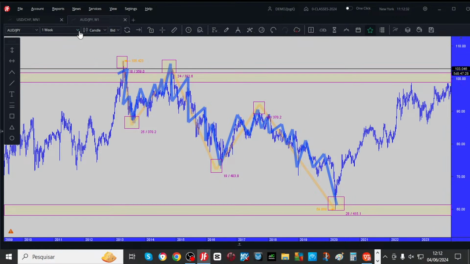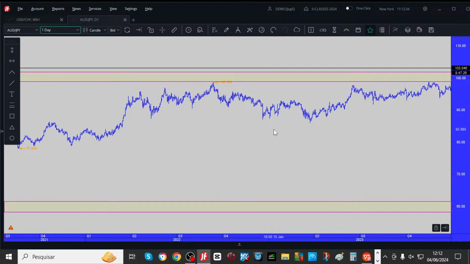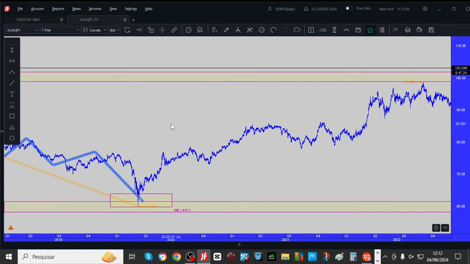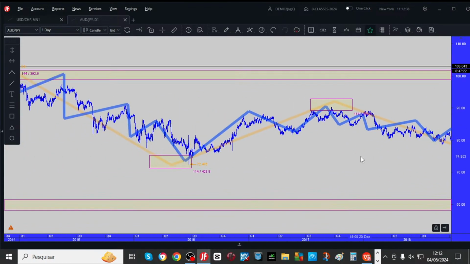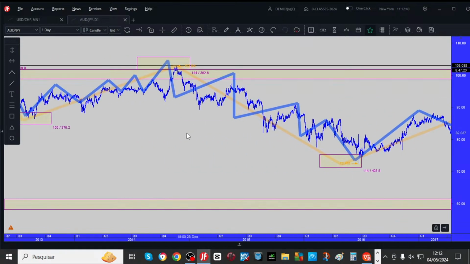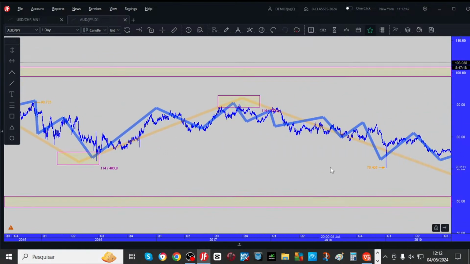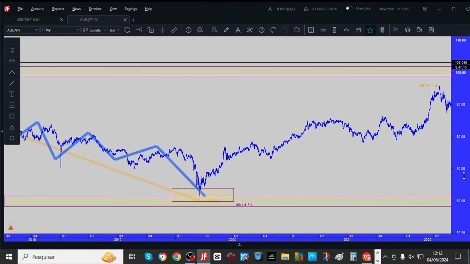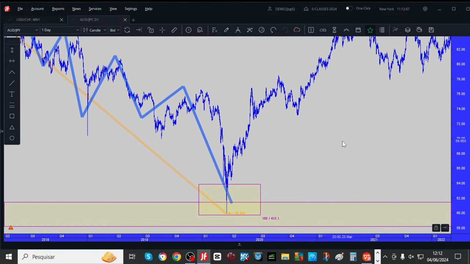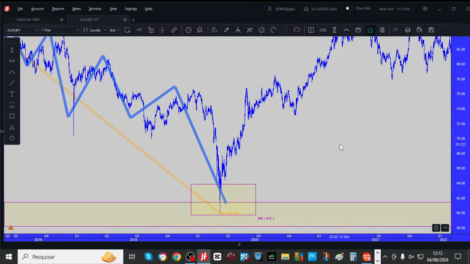If we go on the daily chart, you should have learned that every single time frame has its own market wave and its own short-term trends.